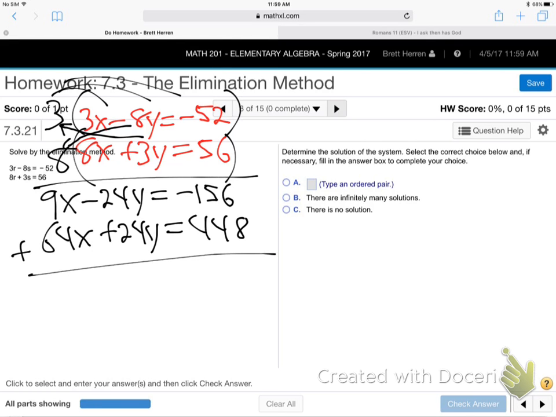And then add them up. See how we made those y's be the same exact number, but one negative, one positive, so they're opposites, by multiplying by the opposite y? Is that good? They cancel by design. That's 73x is 292. What is it? 292. Thank you.